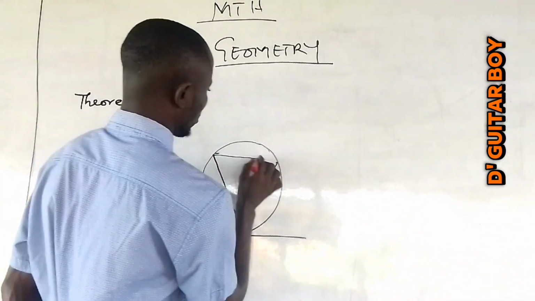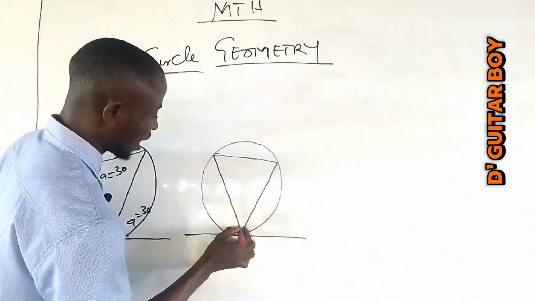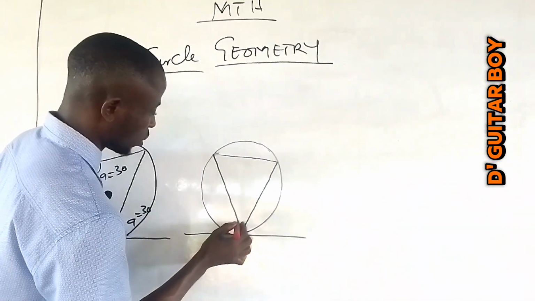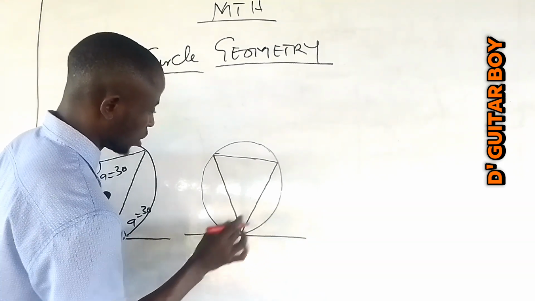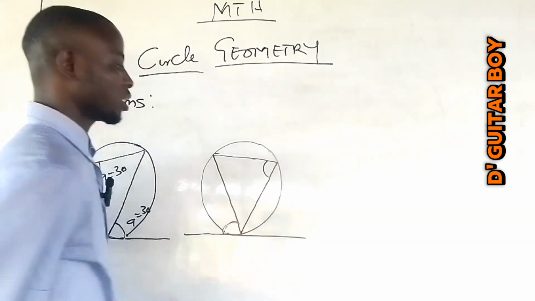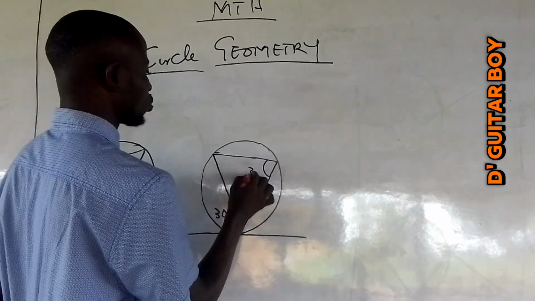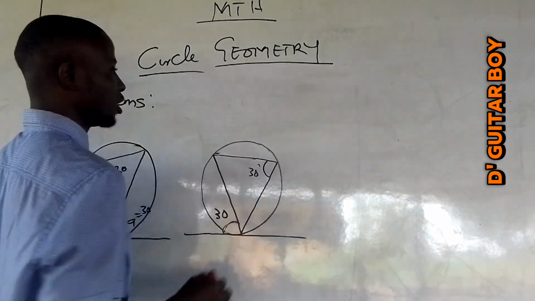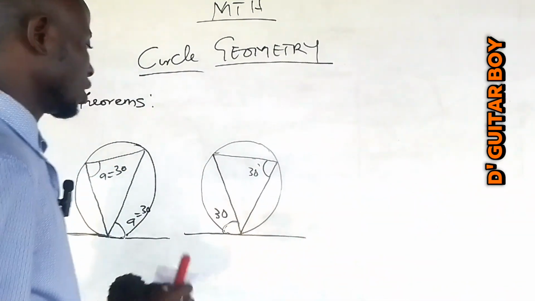So what you now have here is that this angle is the same thing as what? This angle. Which means if you have 30 here, just know that you also have 30 degrees here. This is what this particular theorem is talking about.